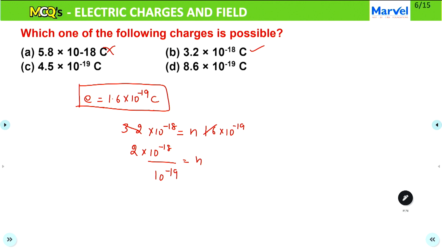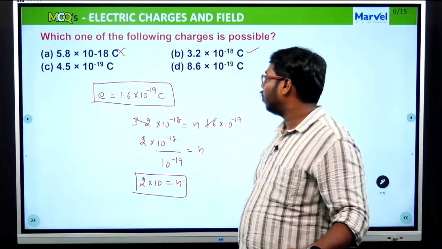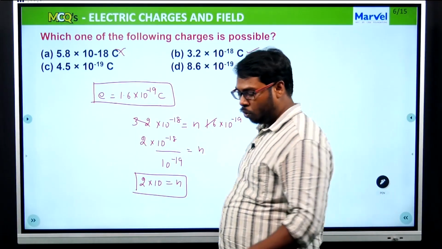So what happens, by the way? It becomes 2 into 10 is equal to n. So what I understand is 20 electrons should join to form such a charge. That is what I understand from here. This is how we find the correct answer for this particular problem. Now we move to the next question.